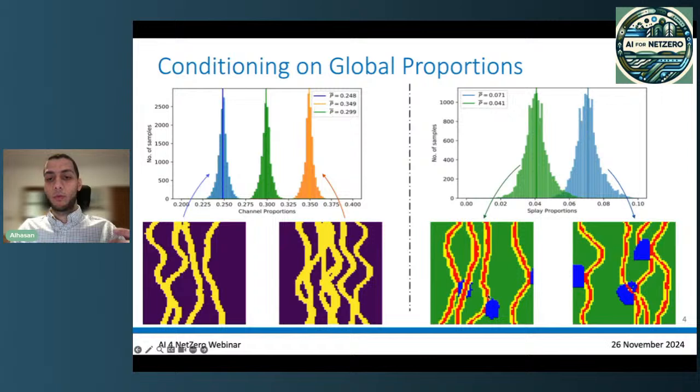In this case, we were interested in generating different proportions of the blue regions here. We have two different classes of proportions, 4% and 7%. And again, the question was, can we generate something that's different, maybe like 5 or 6 or 2 or 8 percent? So this is the first part, which is conditioning on global properties.